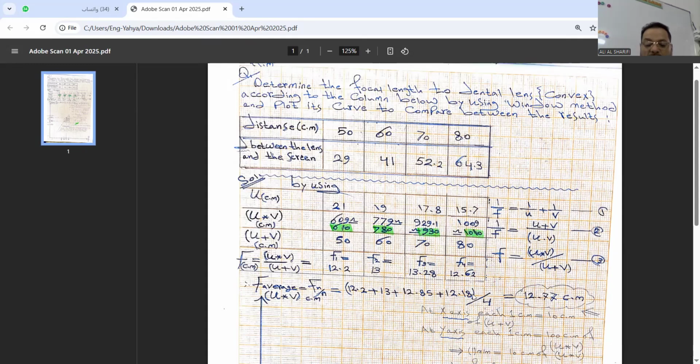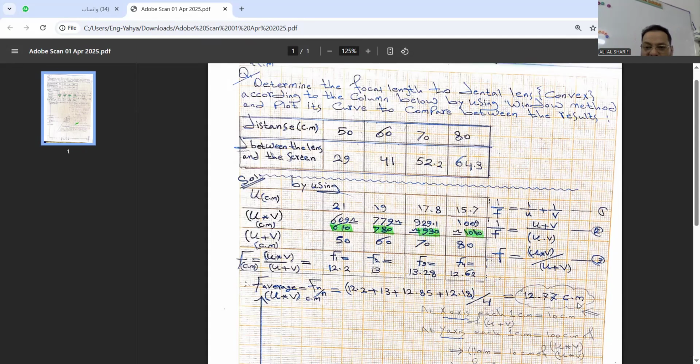Now, by taking the average of all four results, adding them together and dividing by the same number, 4, I have 12.77 centimeters.